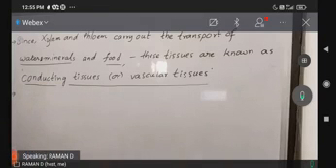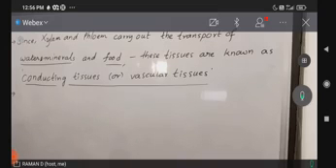Presence of these conductive tissues or vascular tissues made the complex plants, like starting from pteridophytes onwards until angiosperms, to successfully survive on land.